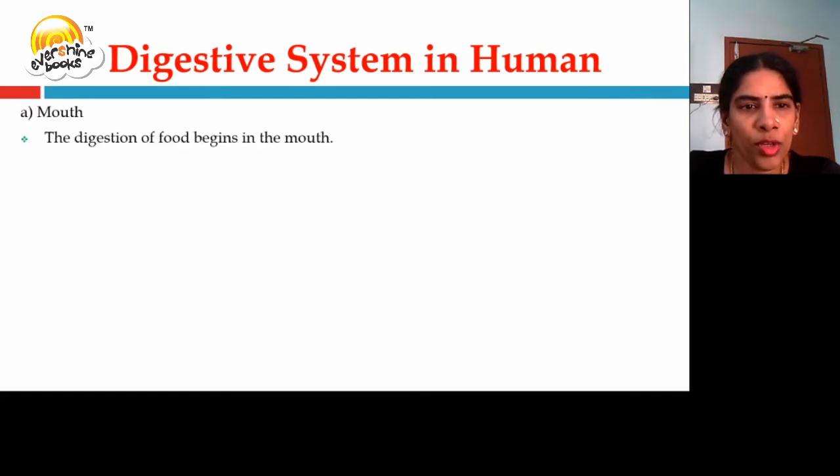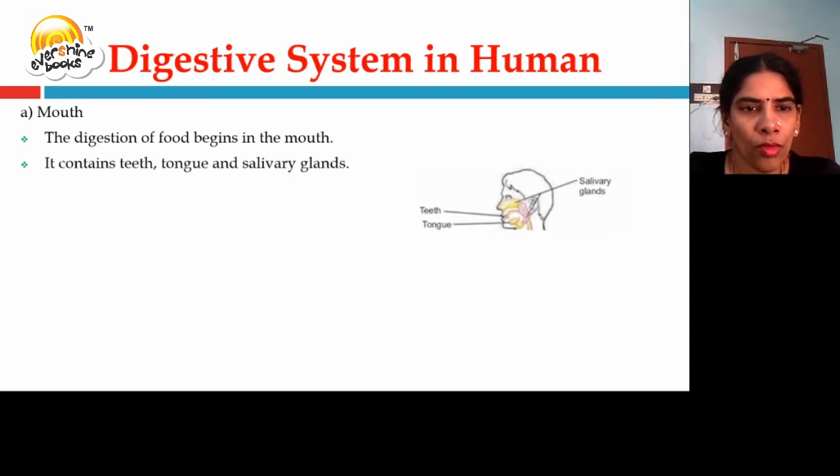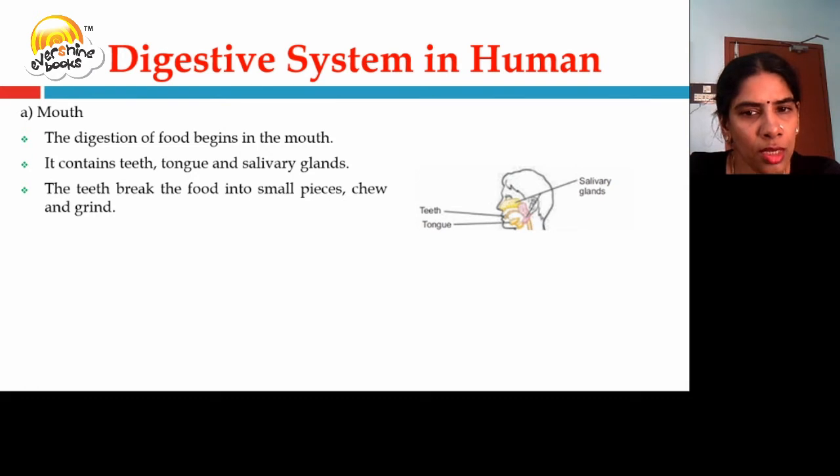Mouth. We know that digestion begins in the mouth, that is, the food you eat through the mouth. What is there in the mouth? It contains teeth, tongue and salivary glands. So what do the teeth do? Teeth will break the food into small pieces. They help to chew and grind the food into a soft mass.